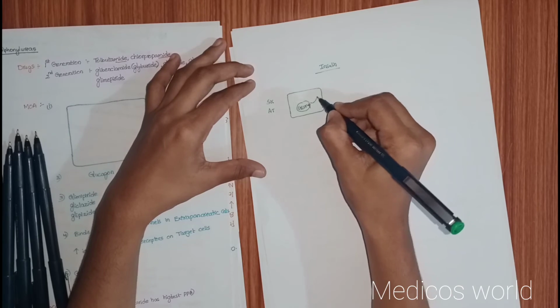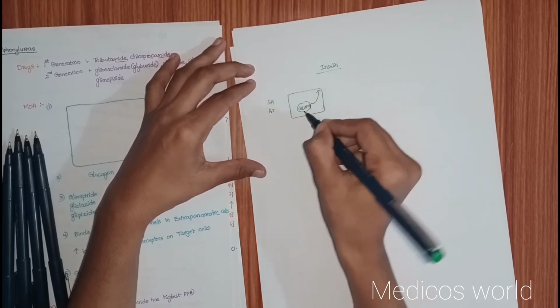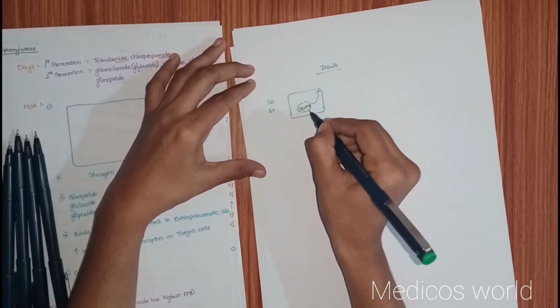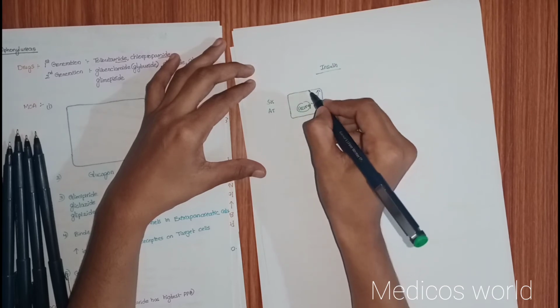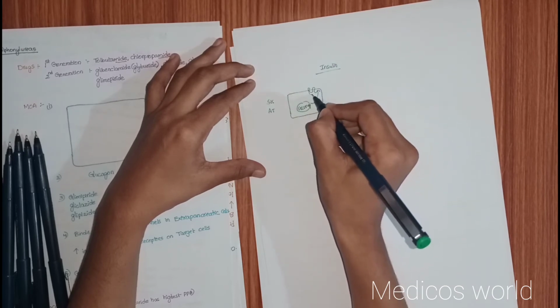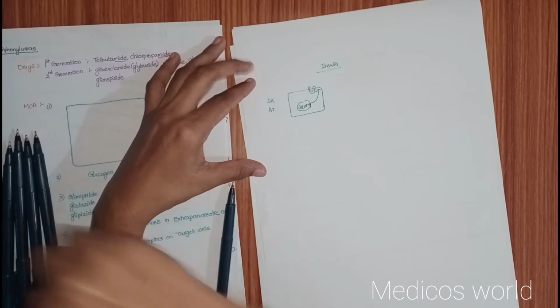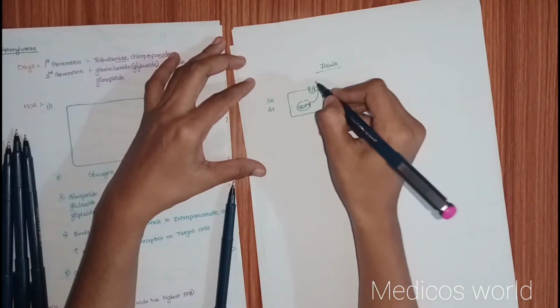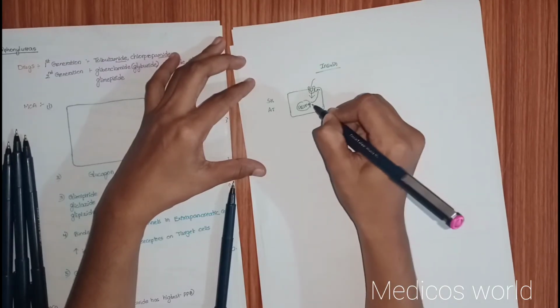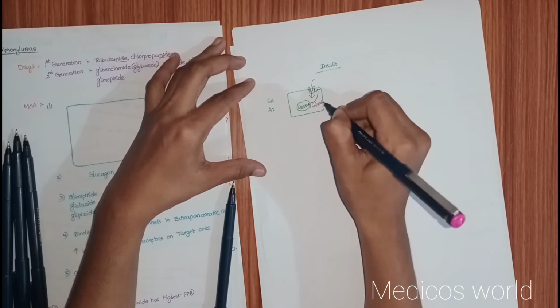What insulin does is translocate the cytosolic GLUT4 receptors onto the cell membrane. These are the receptors, so that there will be increased absorption of glucose into the cell.